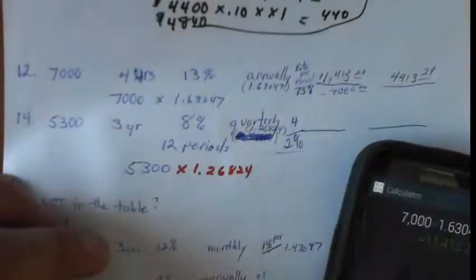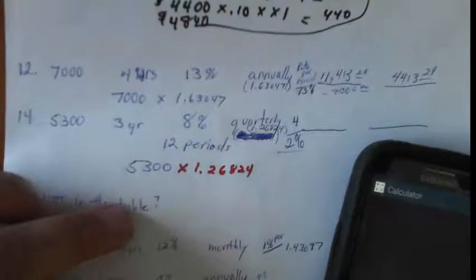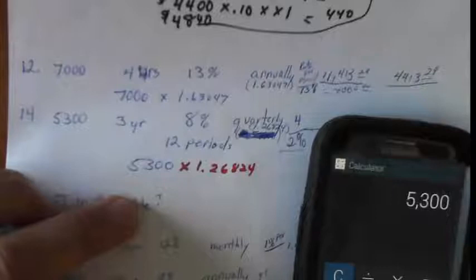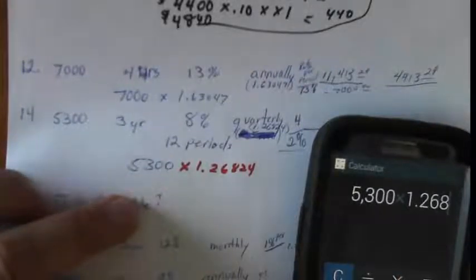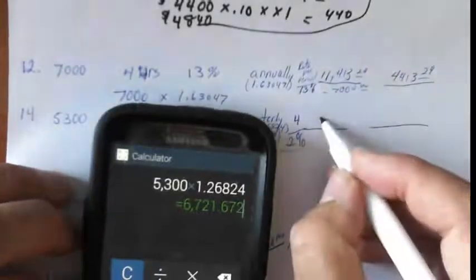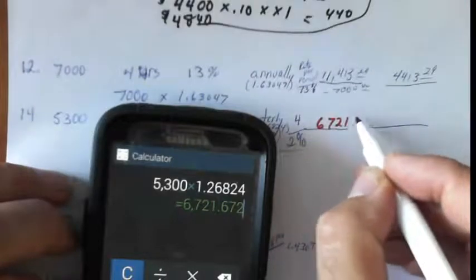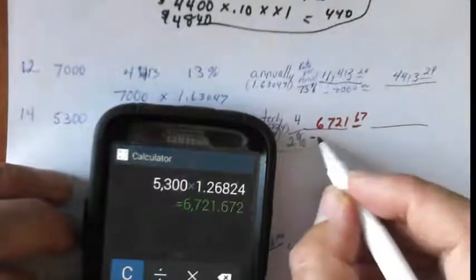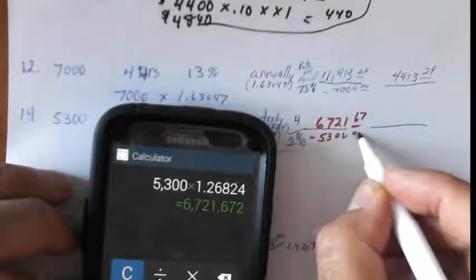come back, let's see, get that over where you can see it, times 1.26824 equals 672167, and we want to know the interest, so we're just going to subtract the principal off of that.